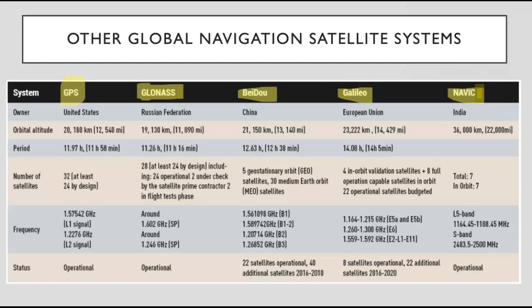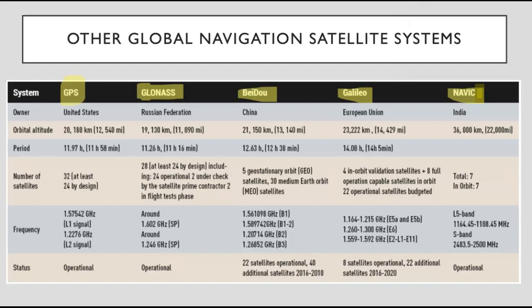Now, the Galileo system, the NAVIC system, as well as the Beidou system are not completely operational yet. Very close. The Beidou system covers Asia very well and most of the globe. Galileo only really covers Europe, and the NAVIC system in India really only works well in and around India.